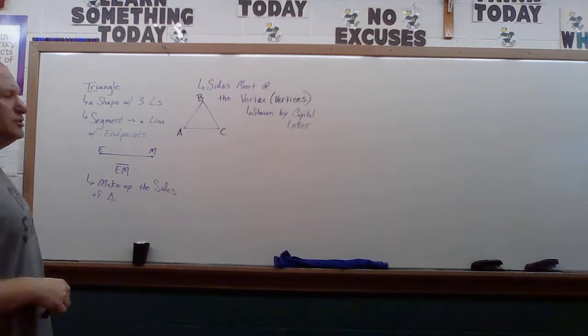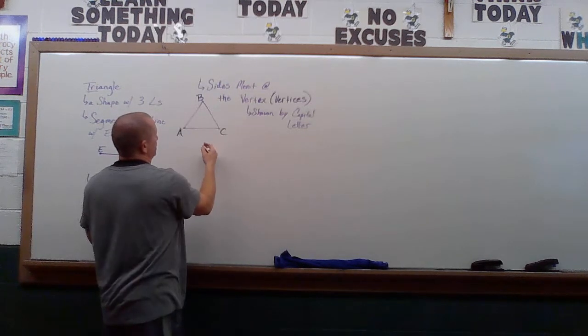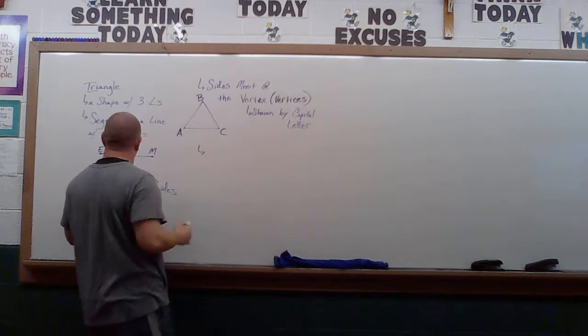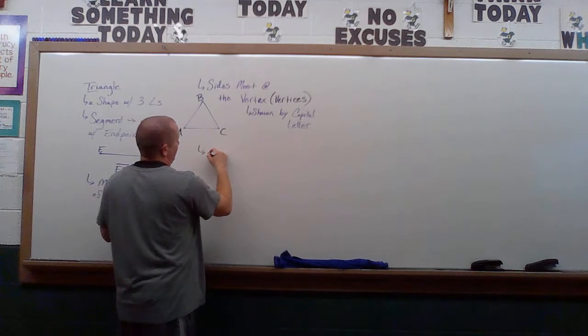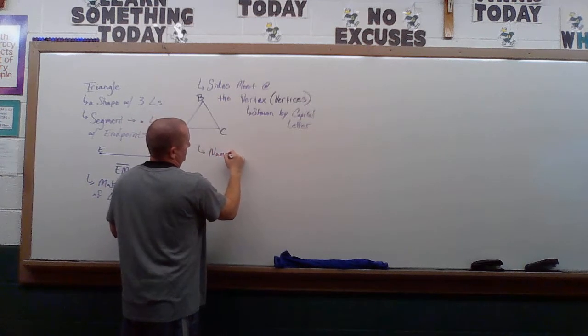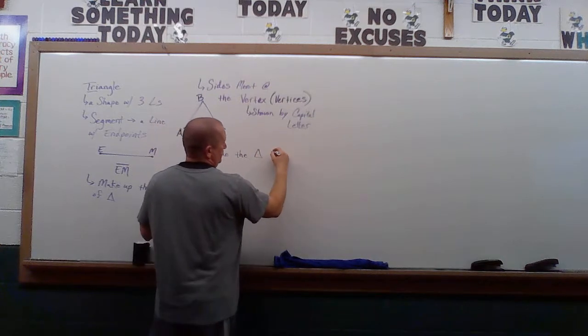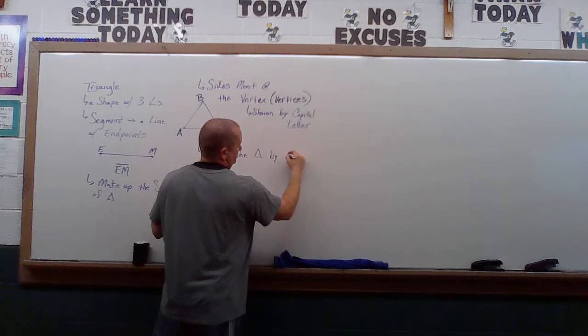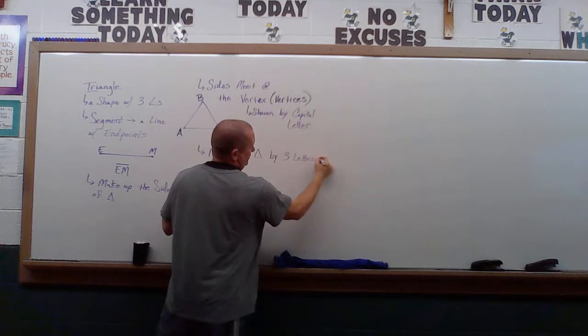So we always have a capital letter, and so if we're going to then talk about the sides, we would call each side by its segment, but we're going to name the triangle by the three letters, or three vertices of that shape.